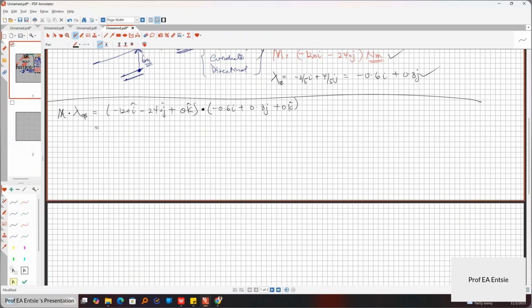So 120 times 0.6, you get 72. You see it's negative, so negative 72, and I dot I is 1, as I told you, minus 120 times 0.8. We're going to get 0 here, because I dot J is 0.